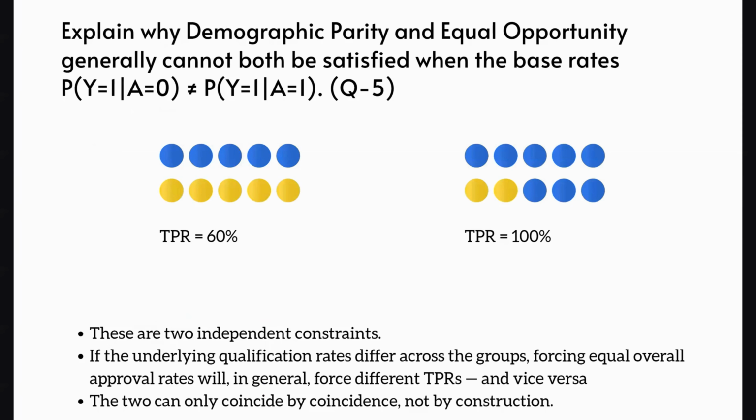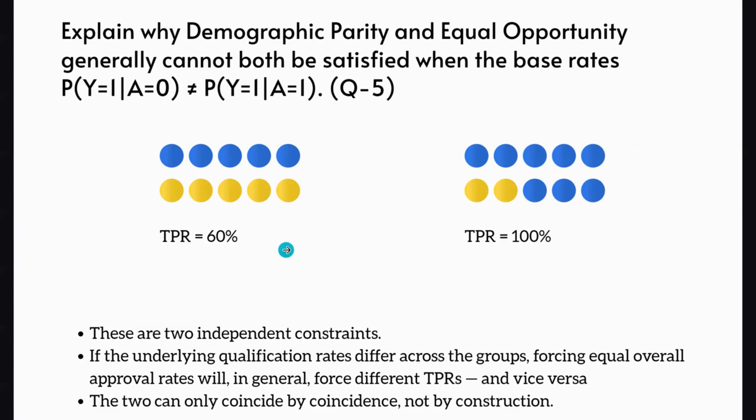The first question is why demographic parity and equal opportunity cannot exist together by default. Like it has to be specifically constructed. The two can only coincide by some type of coincidence, not by construction. Exactly how?